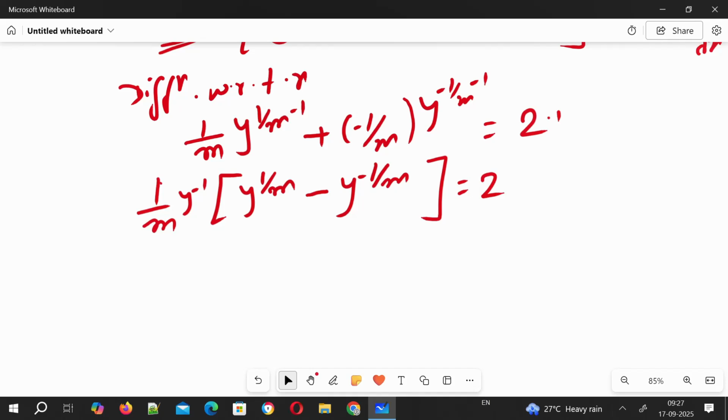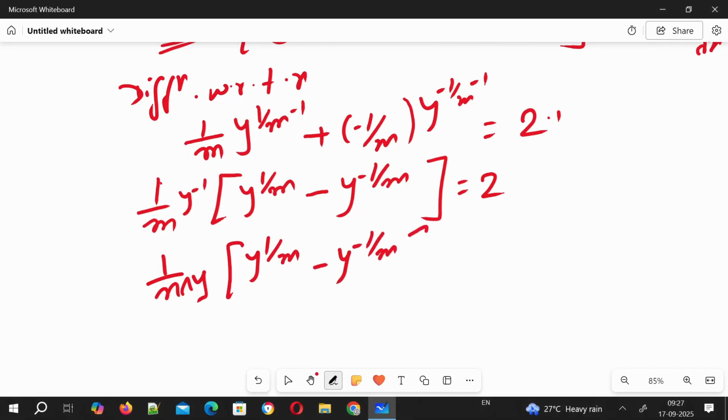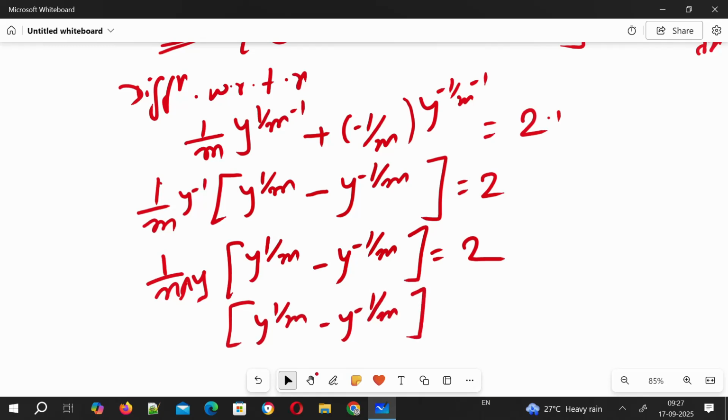Now you can arrange in this form, and you can write 1 by m times y to the power 1 by m minus 1 by m times y to the power minus 1 by m equal to 2. I missed one step here: once you differentiate y, you must also write dy by dx.